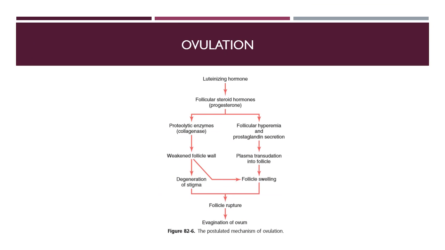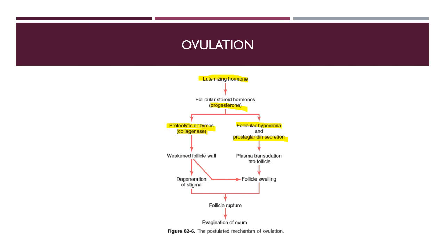From this chart, you will see that luteinizing hormone is the hormone responsible for initiating the ovulation process by increasing synthesis of progesterone by the granulosa and thecal cells. After that, you will see increase in the production of proteolytic enzymes, such as collagenase, as well as hyperemia, the increased vascularization, and prostaglandin secretion.